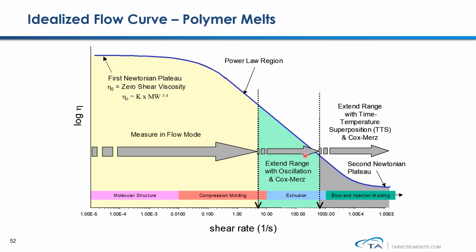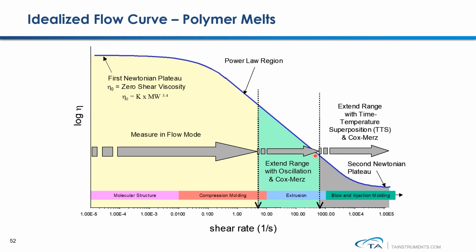So in this case, you can consider going through a Cox-Merz transformation by transforming dynamic frequency sweep data to flow data. You can then extrapolate and extend the measurable shear rate range up to the maximum frequency your instrument can go to, which is roughly 628 reciprocal seconds.